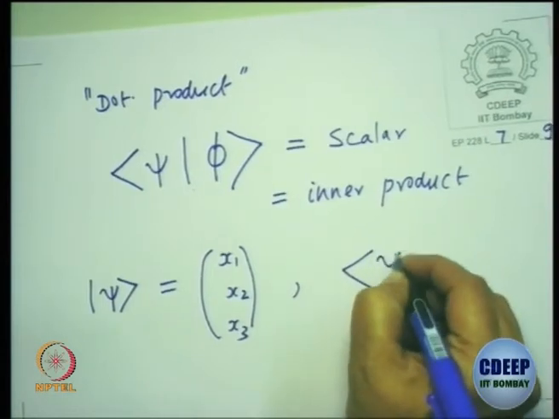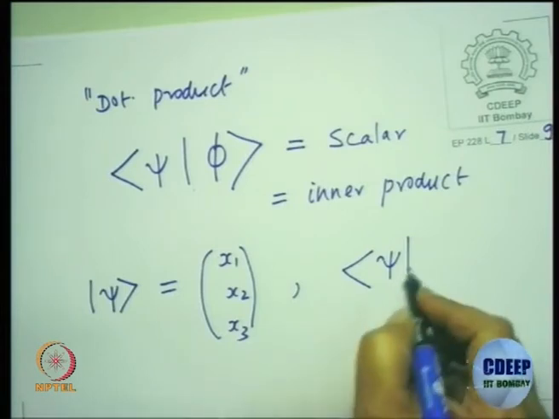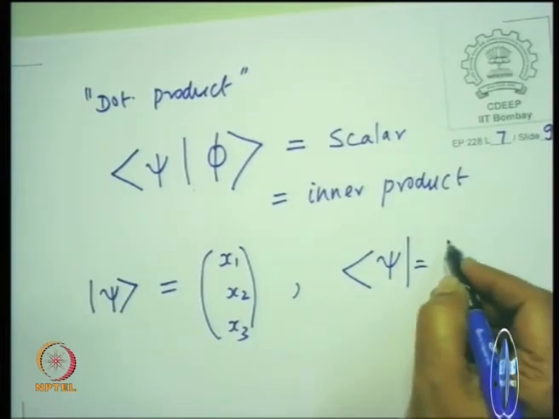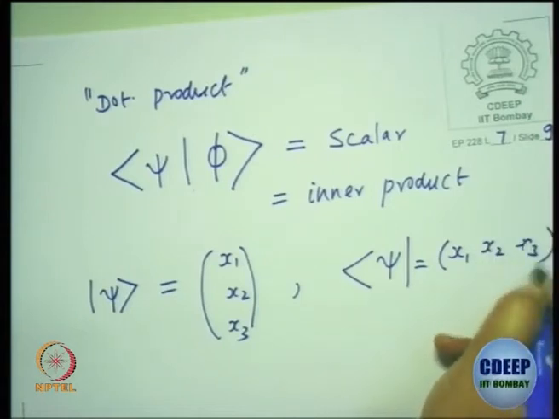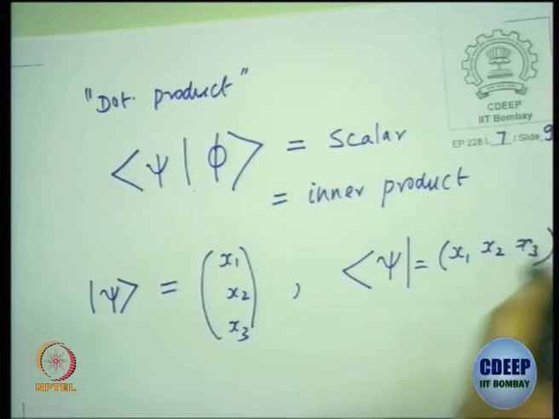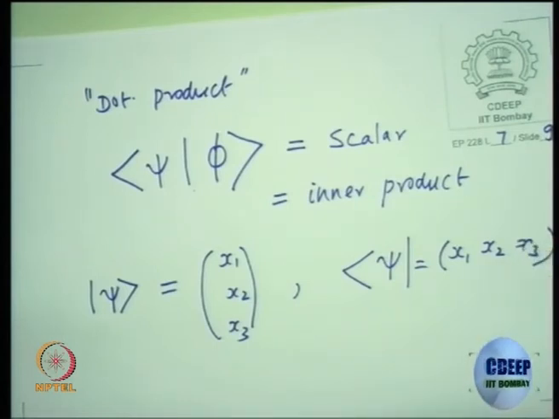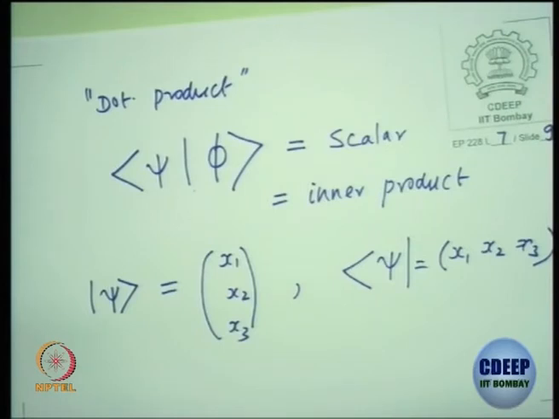The corresponding dual vector will be denoted by x1, x2, x3. These are elements of R3, that means real entries. The corresponding dual vector is a row. We have all done this many times. So, this is a row, or the transpose of the column in real vector space.